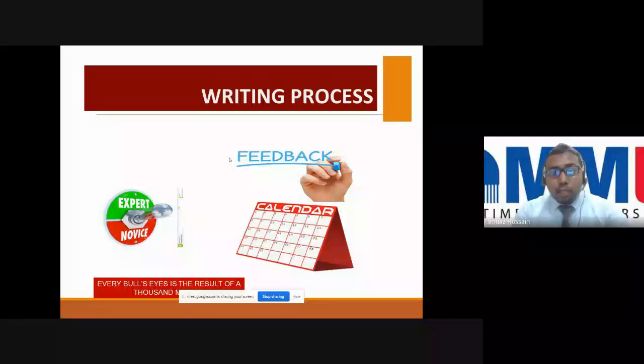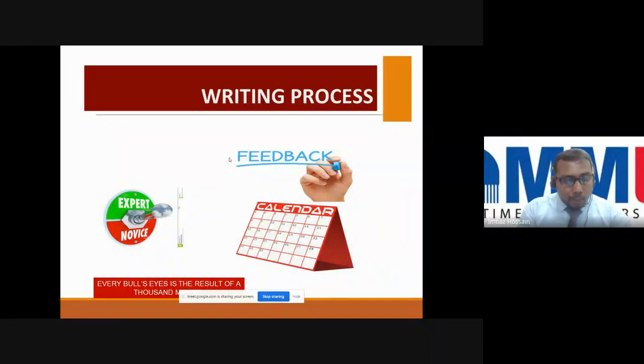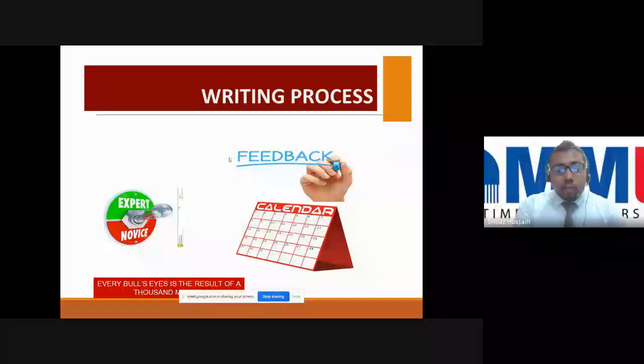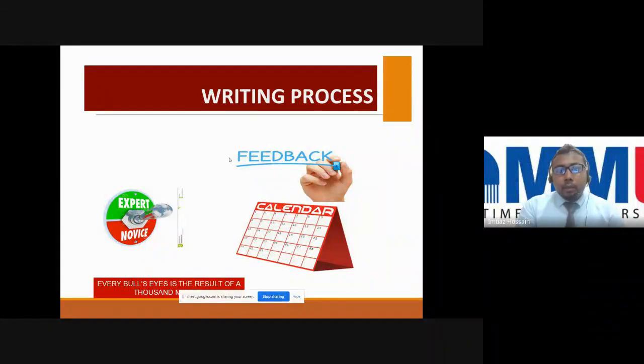So this is a process. It's not like an event that suddenly happened. We have to keep our patience, keep our head up, and practice, so that we can be proficient and prolific academicians or researchers.